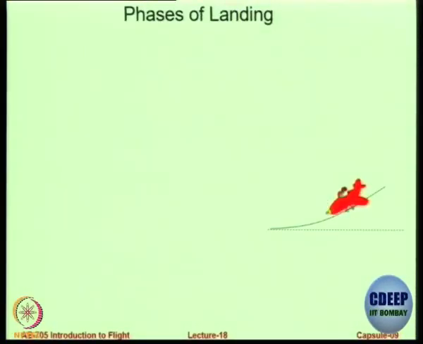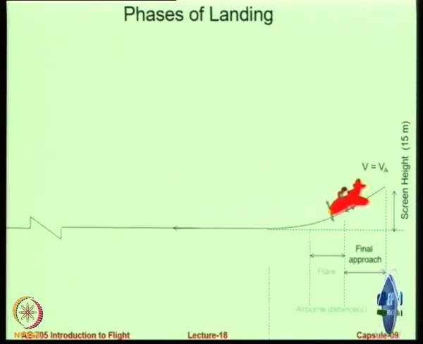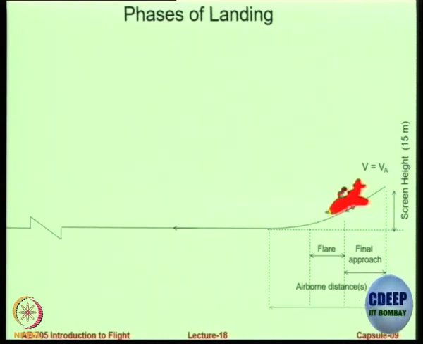So what we want to happen is, you are coming in at some speed at landing. Again you have a screen height or the obstacle height. So this is the final approach, okay, and then you have a flare and then you have a touchdown. So the flare is the opposite of transition. It's now again a concave circle.